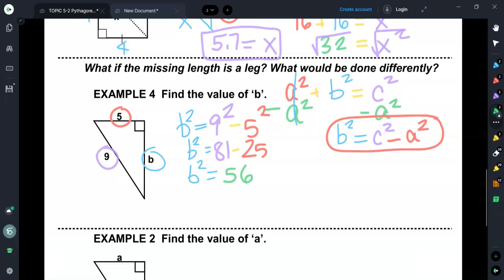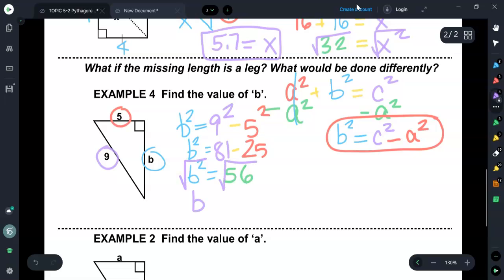Once again, remember what we talked about. We don't want b squared, just like we didn't want c squared or x squared. We wanted x. To undo the square, we take the square root. Always finish with a square root. So that square root there is going to be b.